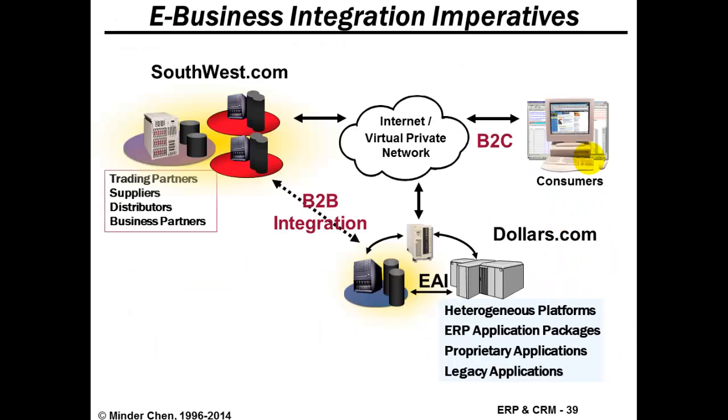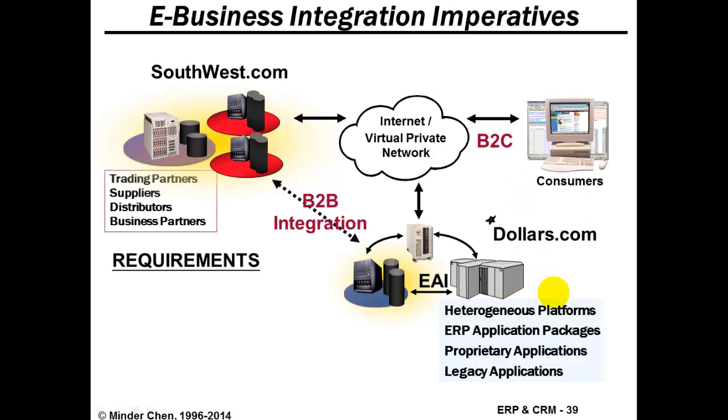So we're more or less done with ERP and CRM. I'd like to just use this example to show the complexity of a really enterprise-wide information system. For instance, in this case, it's a real case study. Dollar's rental car has a legacy reservation system.